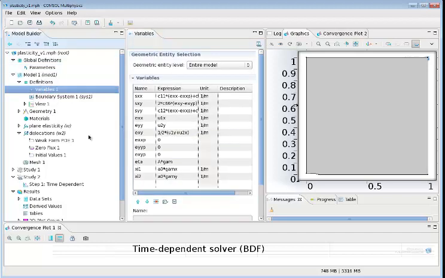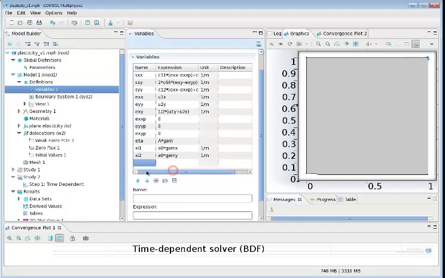We need tau. We're going to make a few modifications to this as we develop the model. First, let's put in the slip direction and slip plane. That's times sigma x.